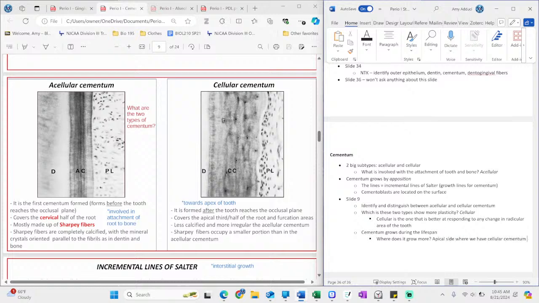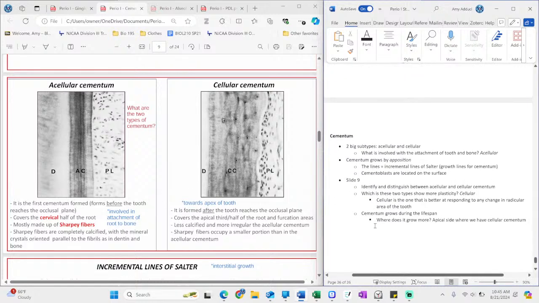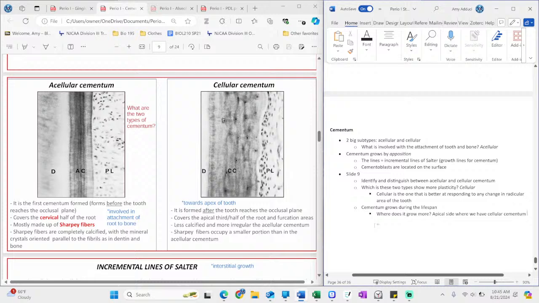Okay, and that knowledge is used sometimes in forensics to help determine the age of the owner of the teeth. Okay, so how do we call the portion of the collagen fibers immersed in cementum and immersed in bone? Sharpey's fibers. Okay, so that's a name that you need to remember.